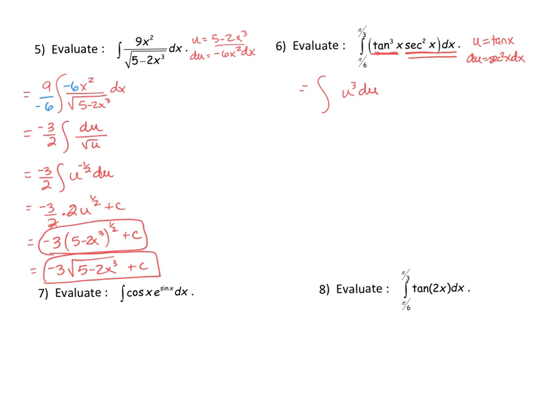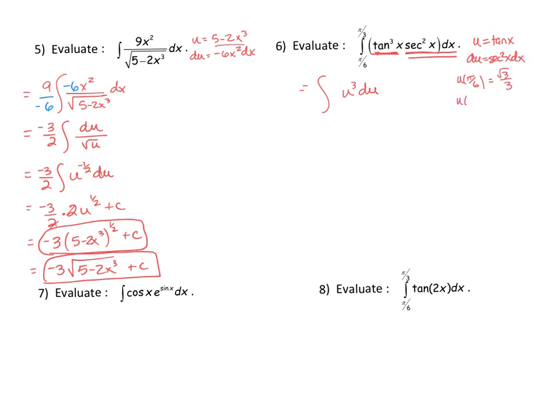We do have to change the bounds if we're going to use u's, and I'm going to go ahead and do that. u of pi over 6 means we plug pi over 6 in for x in the tangent of x. So it's tangent of pi over 6 that will give me the u value when x is pi over 6, and the tangent of pi over 6 is radical 3 over 3.